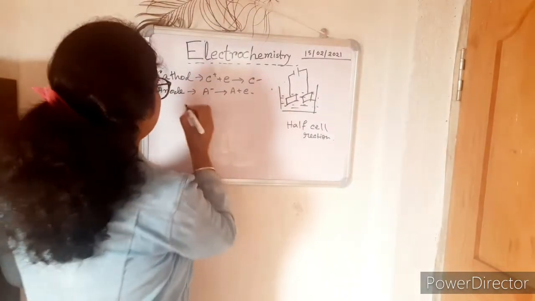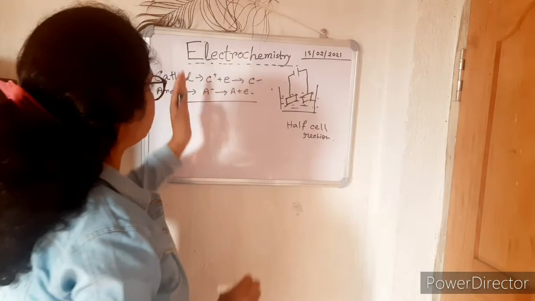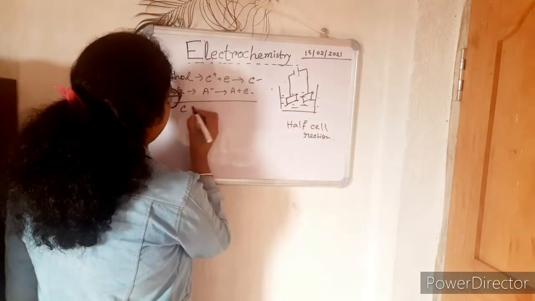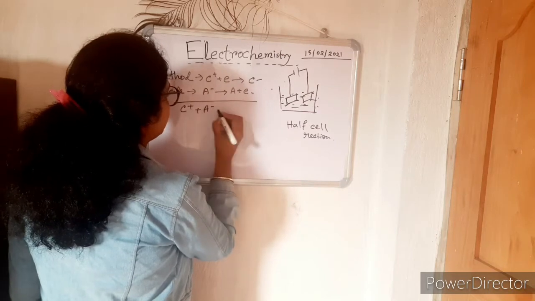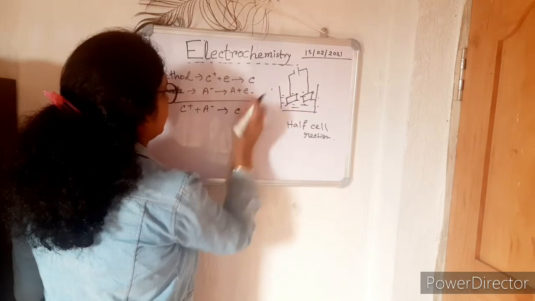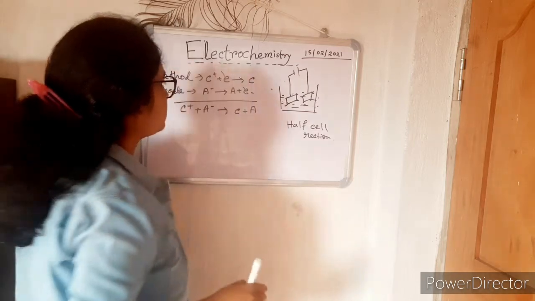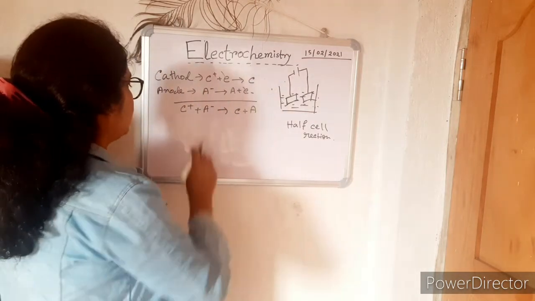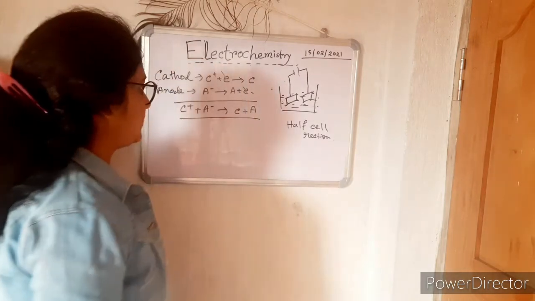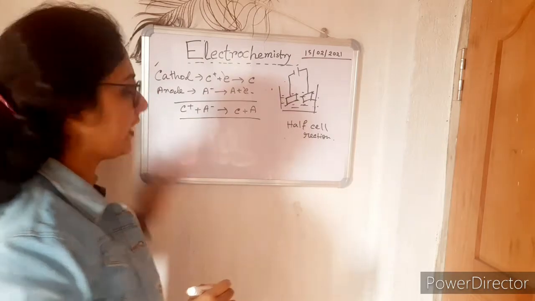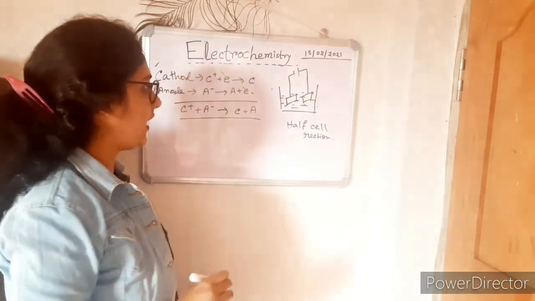So what is the full cell reaction? Full cell reaction is just the summation of these two half cell reactions, that is C plus A minus to C plus A. Here two electrons are cancelled out. So the full reaction is this reaction, and the half cell reaction is the reaction at the cathode and the reaction at the anode.